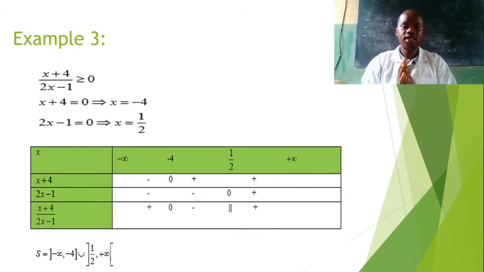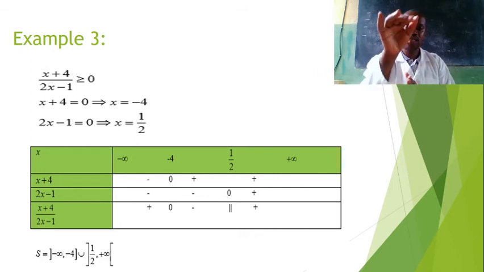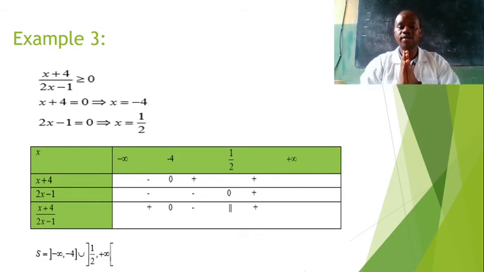In the second interval, we have plus over minus, remembering that the product of different or opposite signs will always be negative, and the quotient of opposite signs will always be negative. That is why you have negative for the second interval, and positive over positive will have positive.